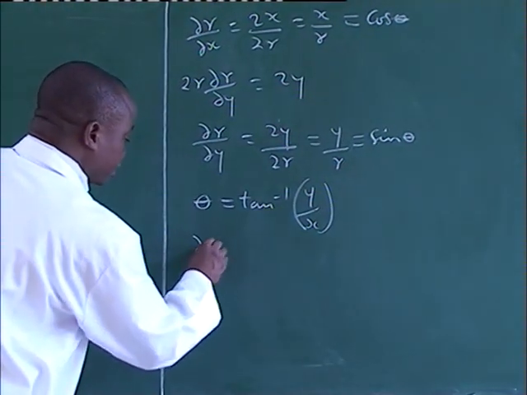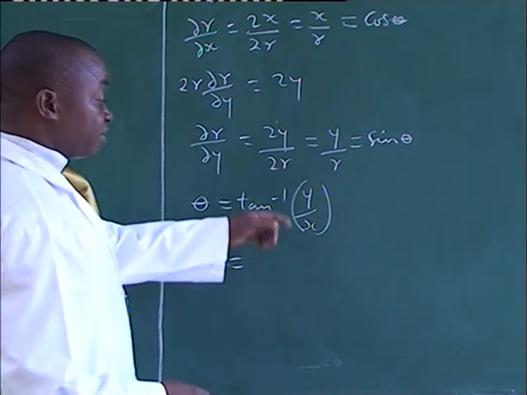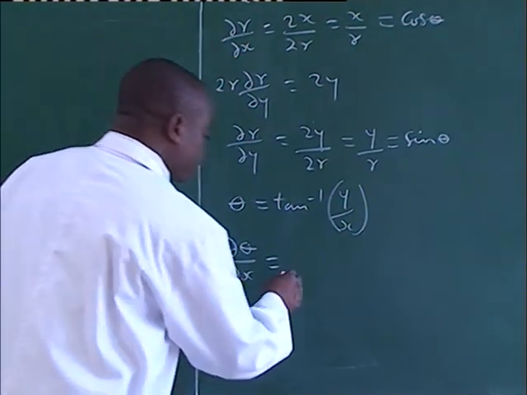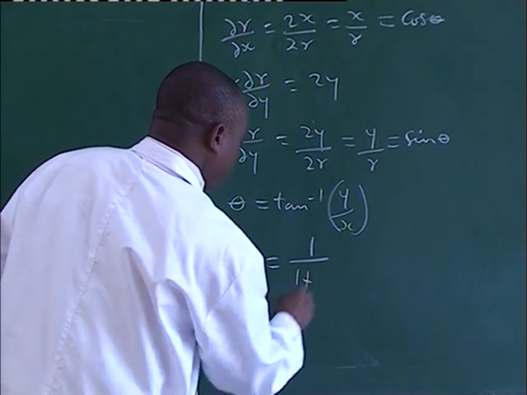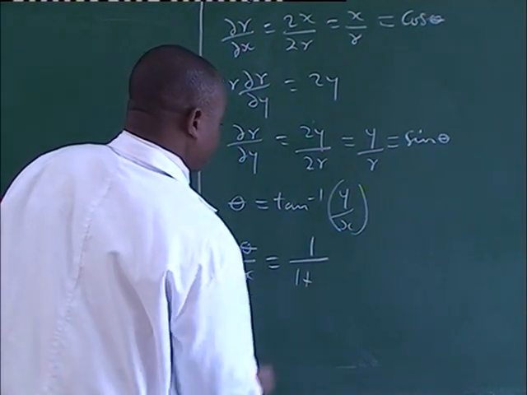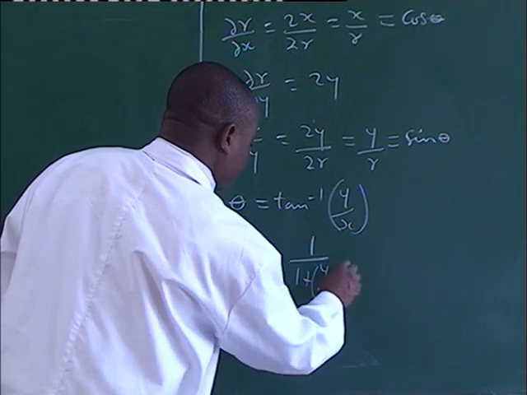So partial theta partial x, differentiating theta with respect to x, will give me 1 over 1 plus (y over x) squared.